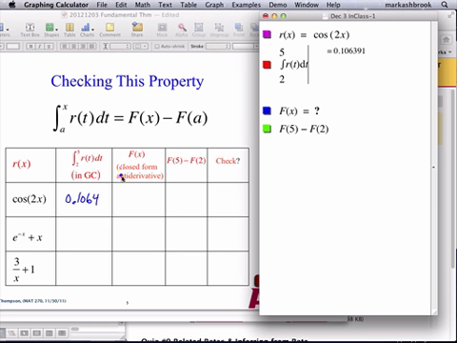So the first thing we need is the closed form antiderivative. Daniel, how about cosine of 2x? Can you do that closed form antiderivative? Sine 2x. So how can you check? You're not sure, so how can you check? And what would you get?